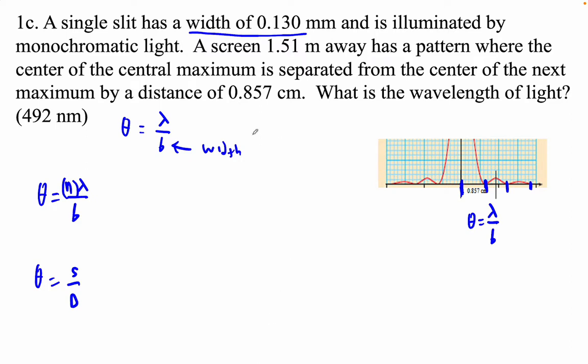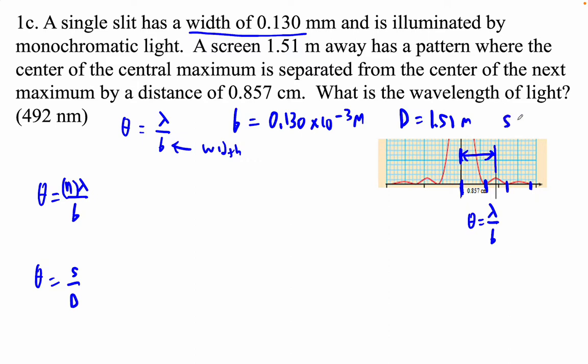We know that b is equal to 0.130 times 10 to the minus third meters. It's illuminated by light. Oh, we've got to figure out the wavelength of it. We know the distance to the screen is 1.51 meters. And we know that this distance right here, from here to here, is 0.857 centimeters.